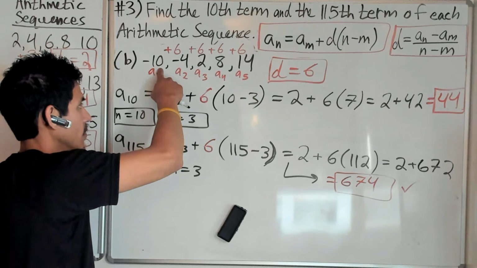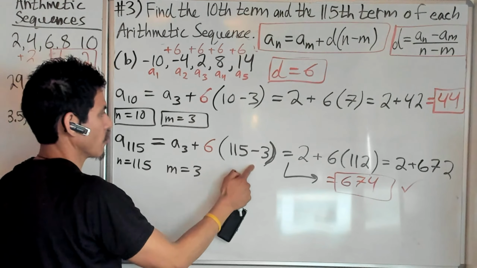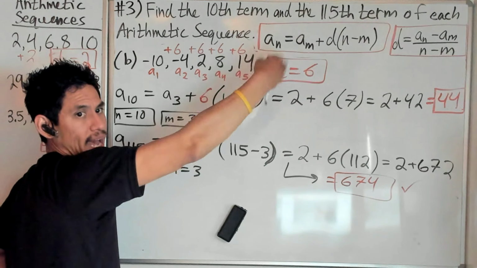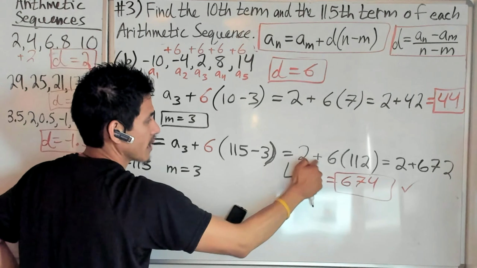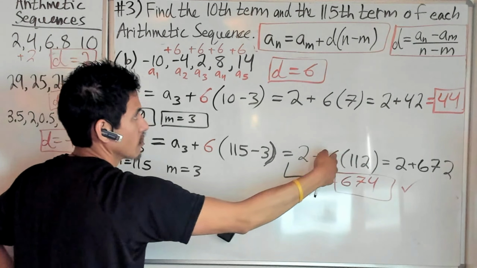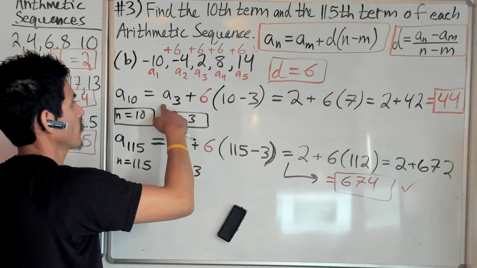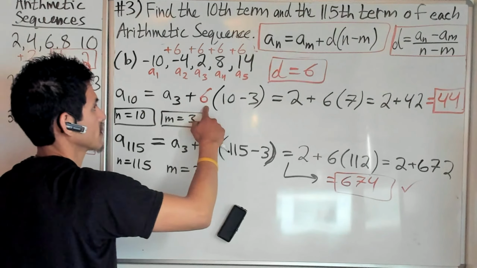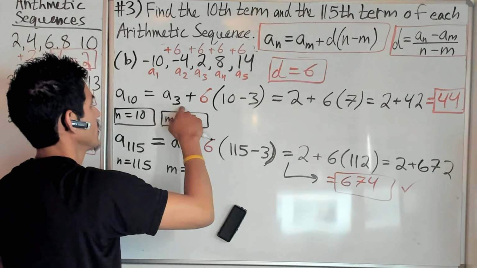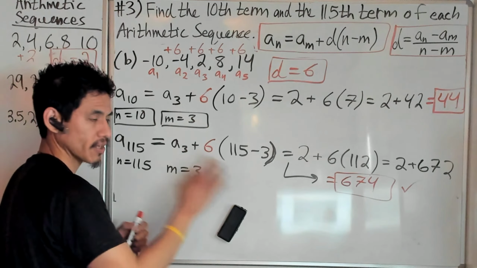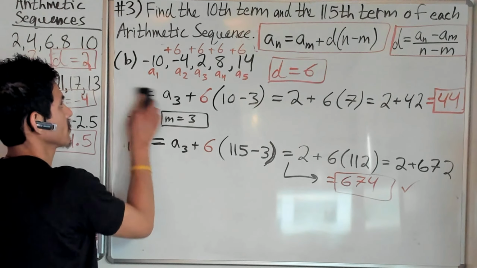In this case, though, we started with A3, which is 2, and to get to 115 we need to add 112 more times to 2. You see, for the previous example, we had A3 plus 6 times 7 because the 10th term is only 7 ahead of the 3rd term. Let's go through one more example like these.